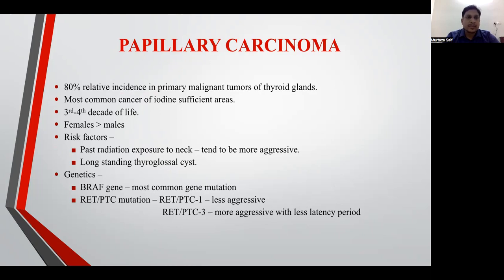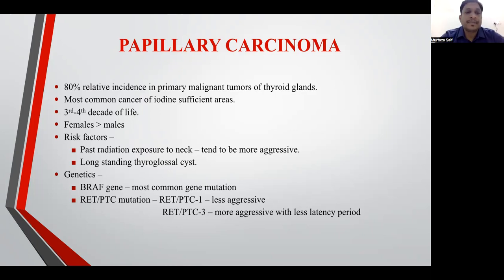Risk factors are past radiation exposure to the neck, and these tend to be more aggressive. Long-standing thyroglossal cyst: a thyroglossal cyst is a non-malignant condition, but a long-standing cyst may lead to papillary carcinoma.